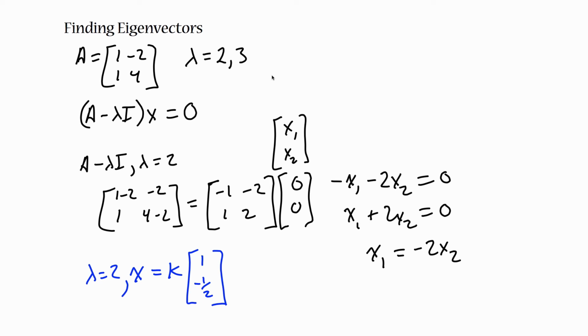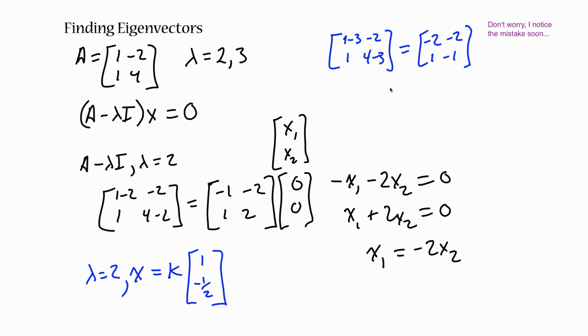What if lambda is 3, for the other eigenvalue, sorry, we get A minus lambda I being 1 minus 3, minus 2, 1, 4 minus 3, which is minus 2, minus 2, 1, minus 1, which gives us minus 2x1 minus 2x2 is equal to 0, and x1 minus x2, sorry, that's positive, x1 plus x2 is equal to 0, which means x1 is equal to negative x2.